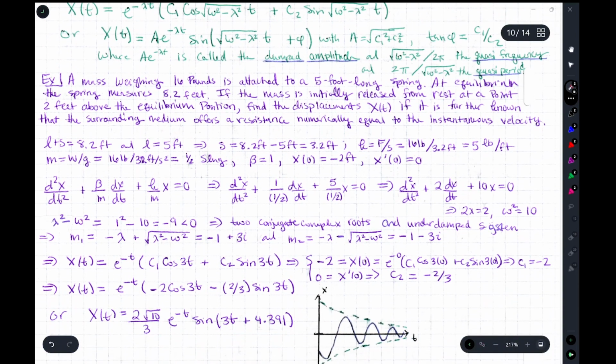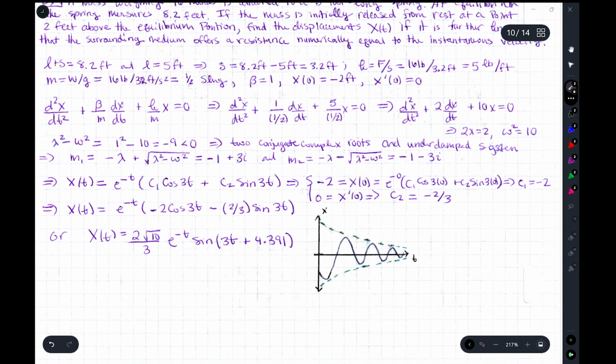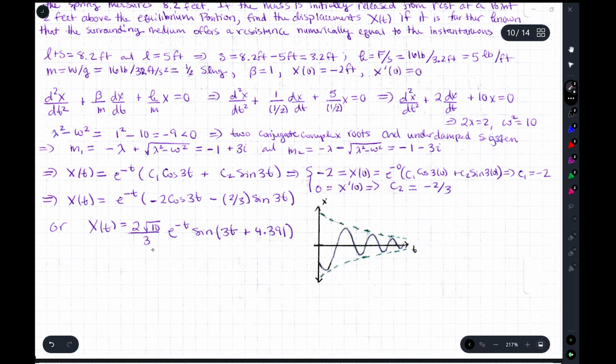Anyway, so we get our roots from the auxiliary equation. We get our general solution, we apply our initial conditions, okay, and we fix the constants, and we get this solution.